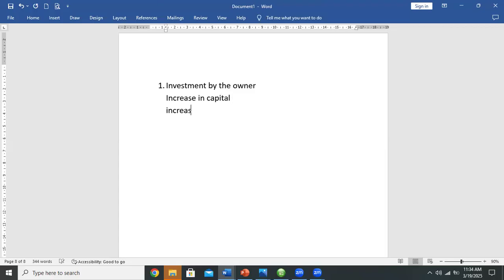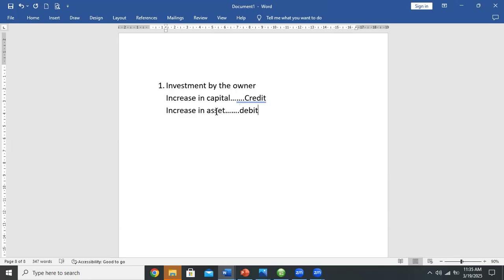No doubt about it. In terms of debit and credit, you are going to credit the capital account and you will debit the asset, because when an asset increases, you debit, right? But I cautioned you to use the name of the asset the owner invested.